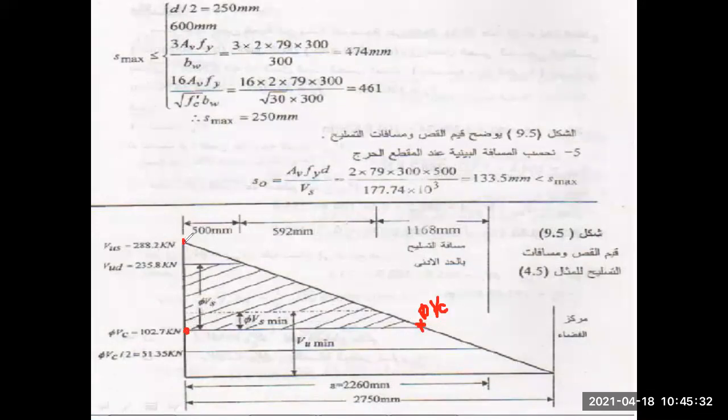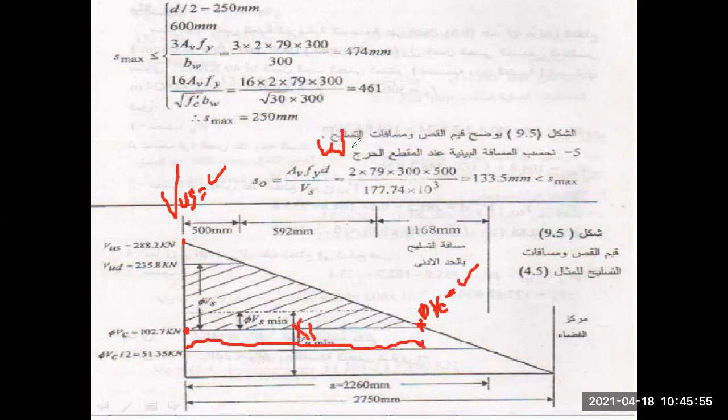Very easily. So we have Vu at support. We call it Vus. Okay, we have the value for Vus. So if you have Vus and you have Vc, you have these two values. The only thing you don't know is how far it is from here up to this point, which we call X1. So how do we calculate X1?